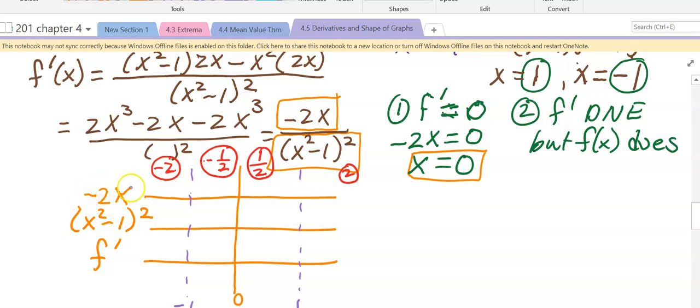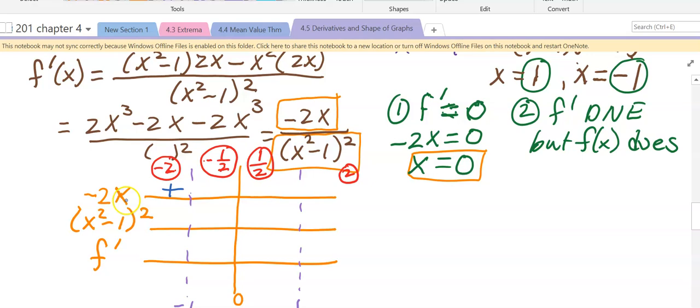Notice that the first one is negative 2x, which is a linear function. It crosses the y-axis at 0, which is also its x-intercept. It has slope negative 2. I predict that it will only change sign at its solution of 0. If I plug in a negative 2 for x, a double negative would make that sign be positive.